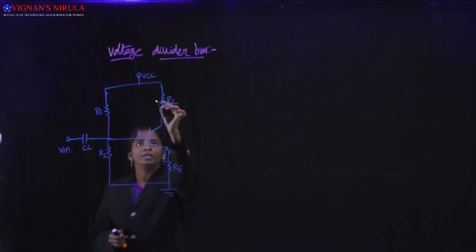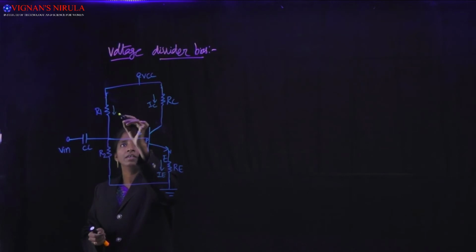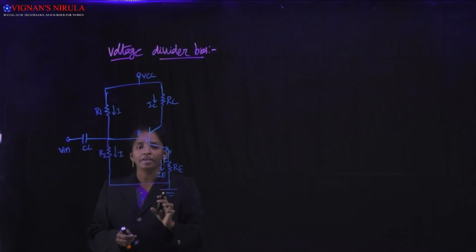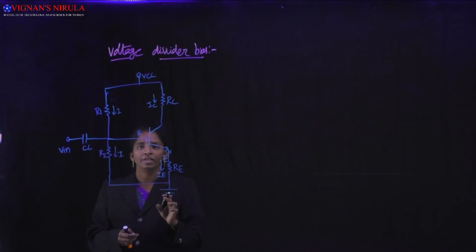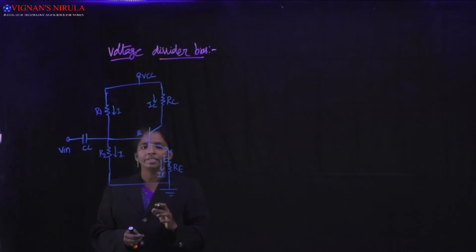The current flowing through resistor RC is IC, through RE is IE, and through the base resistors is I, and this one is also I. Because we are using a voltage divider circuit, the voltage drop across the resistors is different, but the current flowing through R1 and R2 is the same, that is I. The resistance of R2 is very small because we are applying forward bias at the collector base junction.